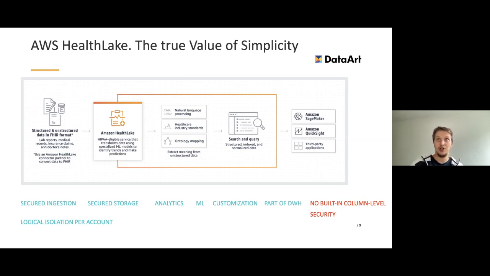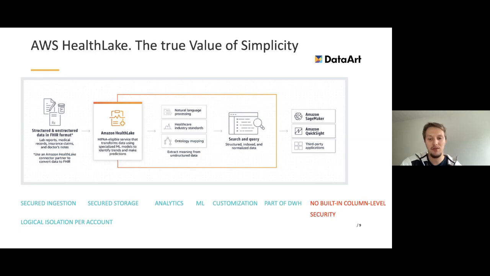This service is pretty new. It got its general availability, meaning that it became available for all AWS customers, in July 2021. So it's about 2 years ago. It's new, and probably not everyone has tried to work with it. Of course, it has a lot of features inside it, such as secure ingestion, secure storage, analytics, integration with ML, and customization.